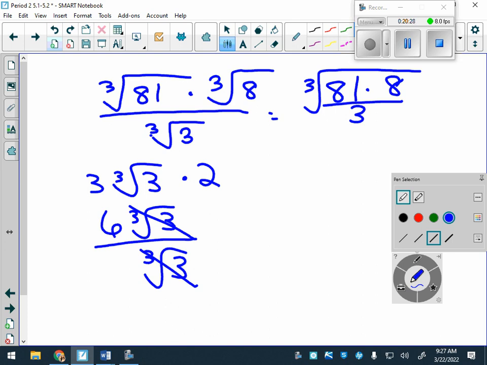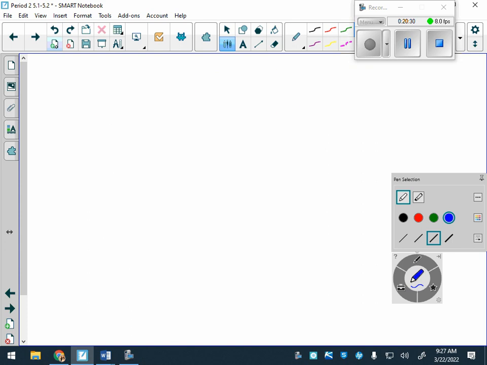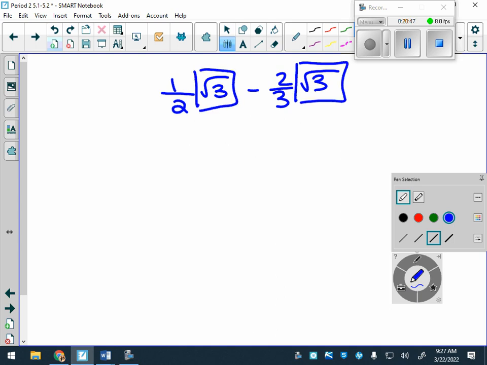45. Okay. So here you are subtracting this one, right, James? This one? Okay. So you are subtracting, right? These radicals are in common, so that's going to be in my answer. However, before we subtract fractions, what do we need?